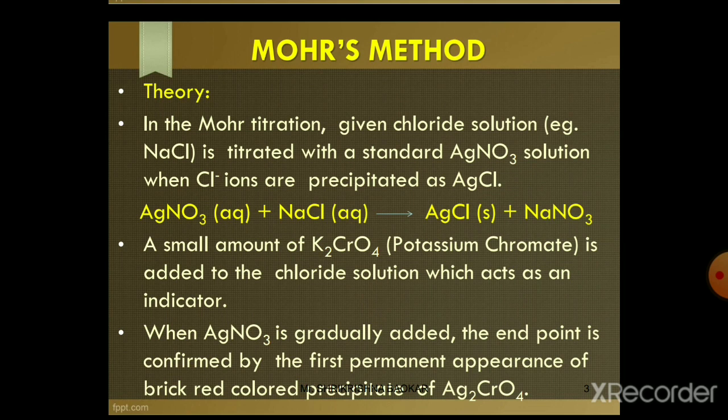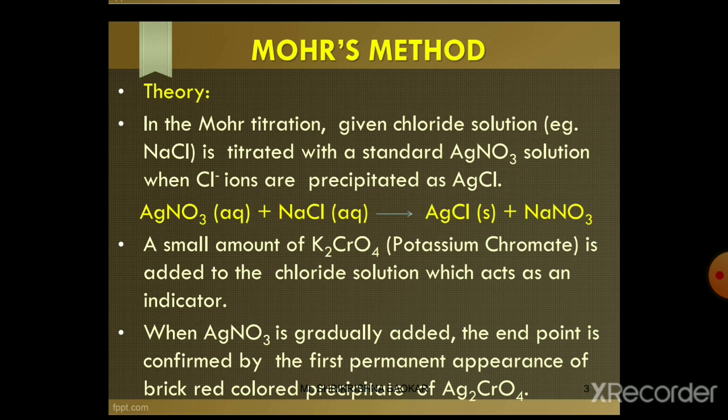It is the method which determines the concentration of chloride ions when titrated with silver nitrate. In Mohr titration, a given chloride solution, for example NaCl, is titrated with a standard AgNO3 solution, when Cl- ions are precipitated as AgCl, silver chloride.